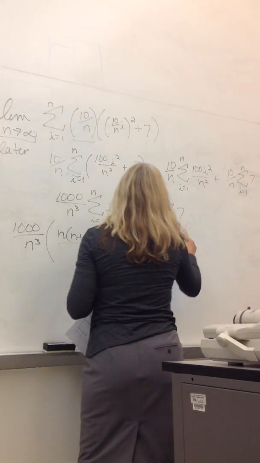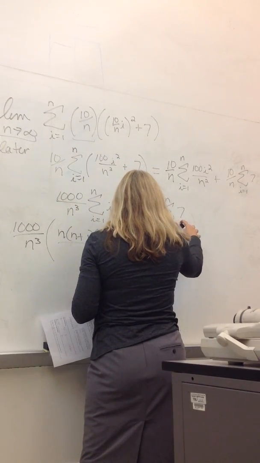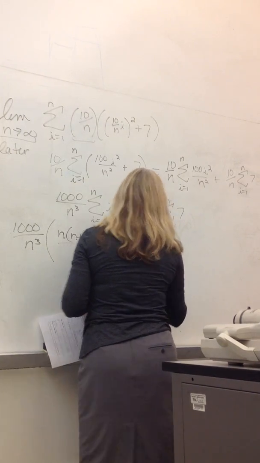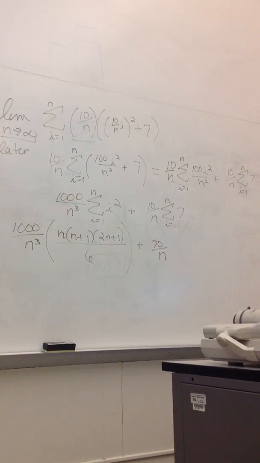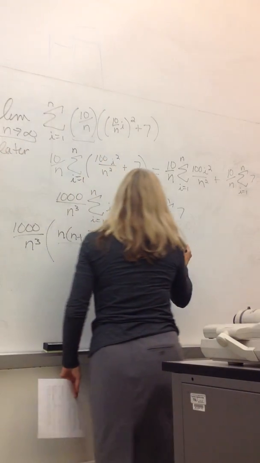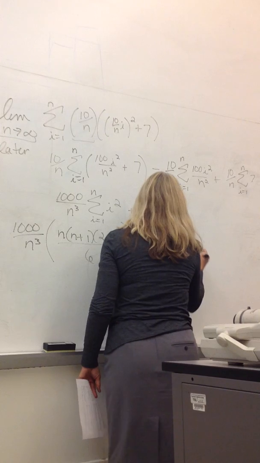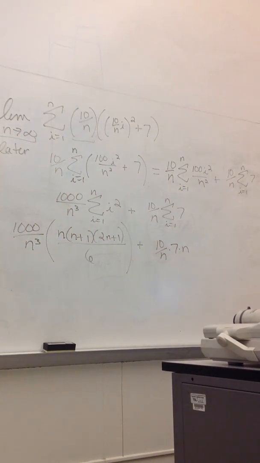And this is going to end up being 70 over n times n. It's 10 over n times 7 times n. Why does that turn into 7 times n?